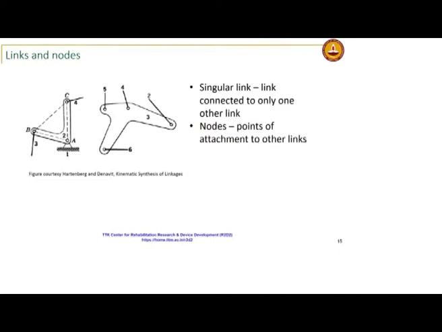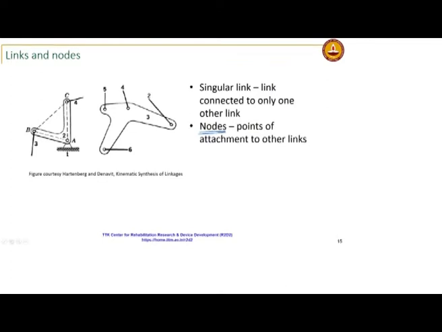Last class we looked at kinematic pairs, and we will continue. A kinematic chain is made up of links connected by kinematic pairs. Links are the rigid bodies, and the points of attachment to other links are called nodes.